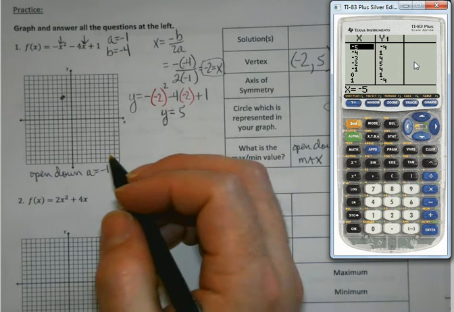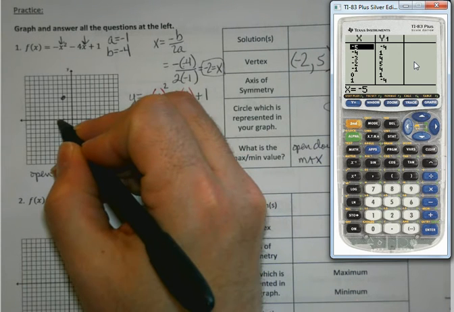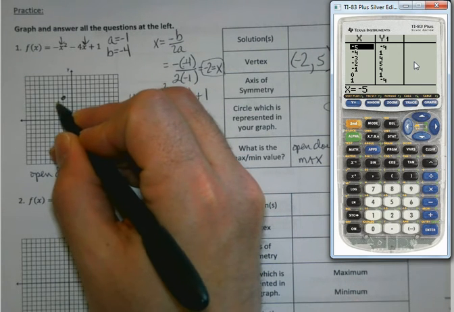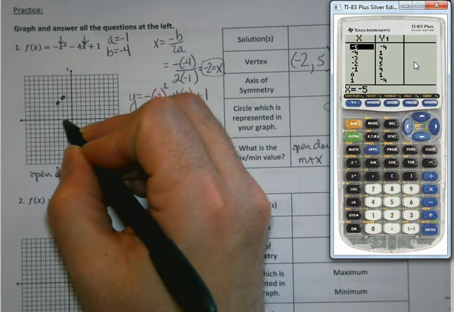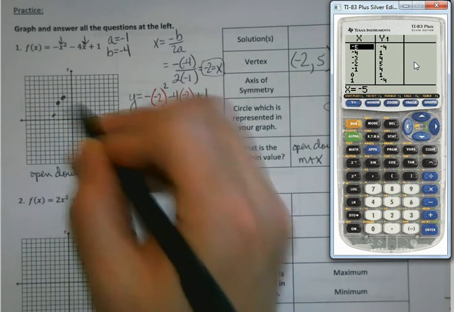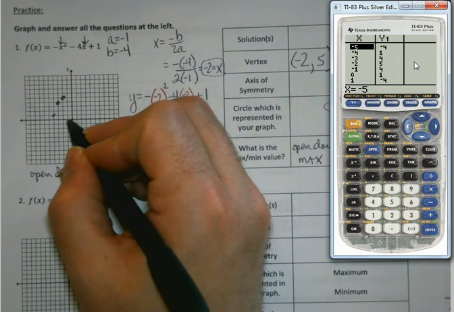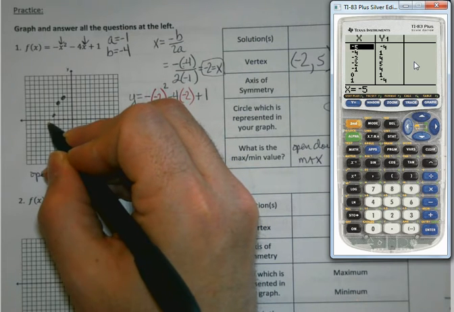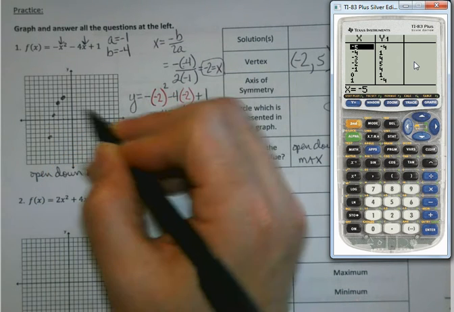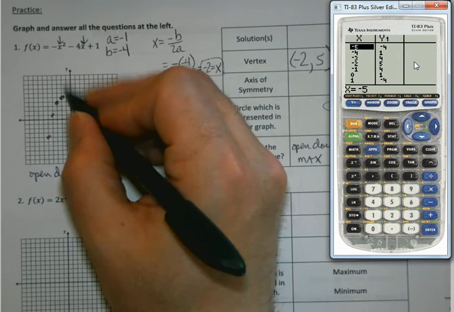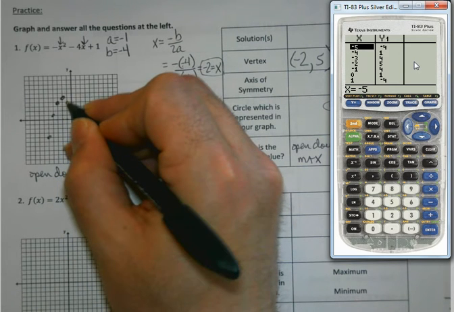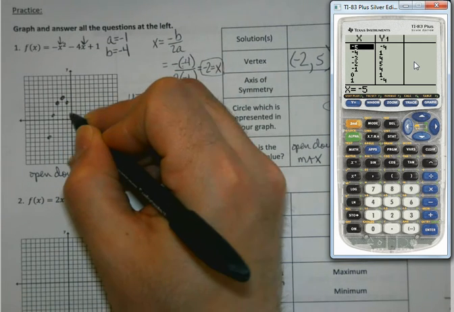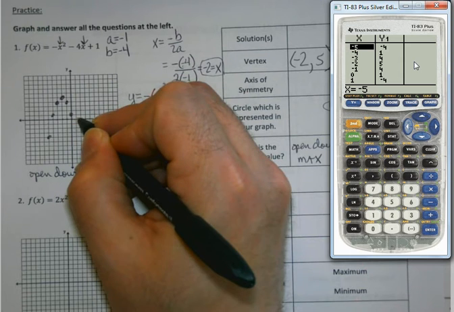So -3, 1, 2, 3, 1, 2, 4, -4, 1, 2, 3, 1, -5, 1, 2, 3. And in just a second, I'm going to show you the cool way we don't even need the calculator to do this. 1, 4, 0, 1, 2, 3.